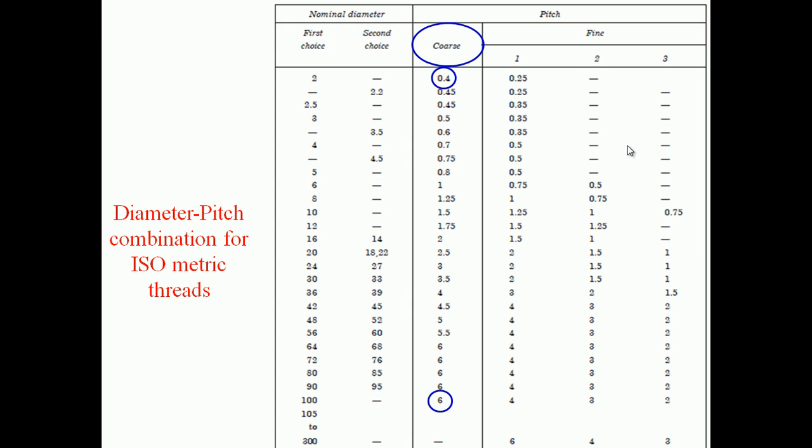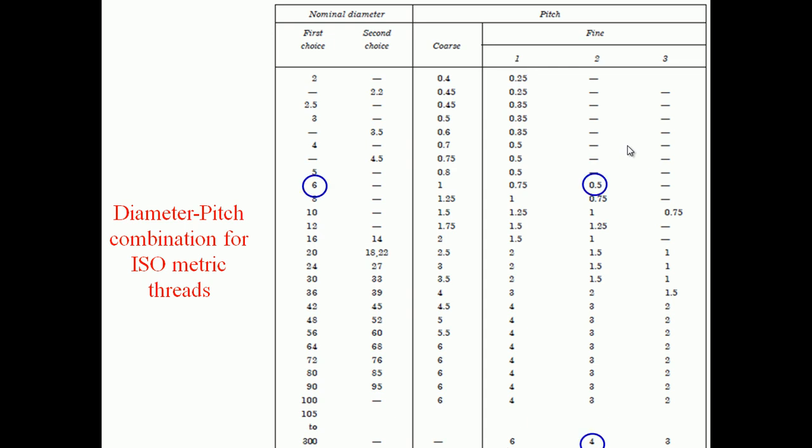Next, in the pitch you have two categories. One is coarse, which starts from 0.4 to 6, and the other is fine, and the fine pitch has three categories. One starts with 0.25 for the nominal diameter of 2 mm, and the fine pitch value is 6 for the nominal diameter of 300 mm.